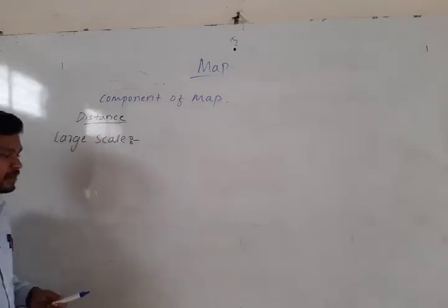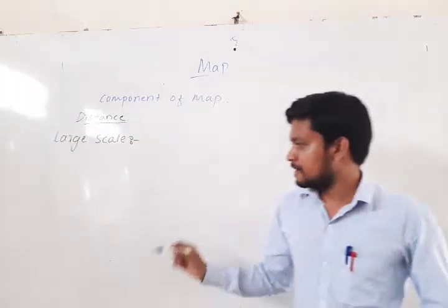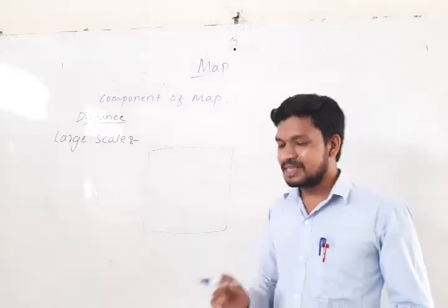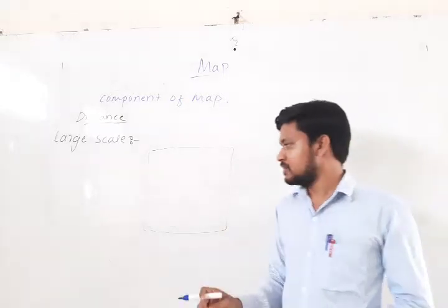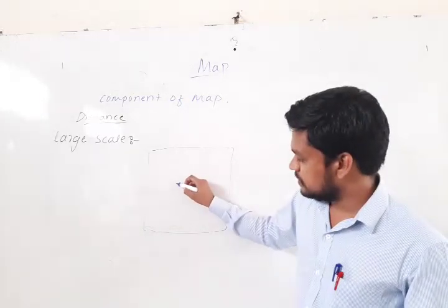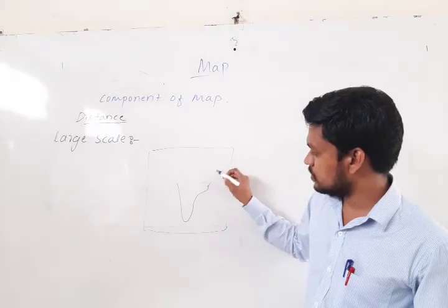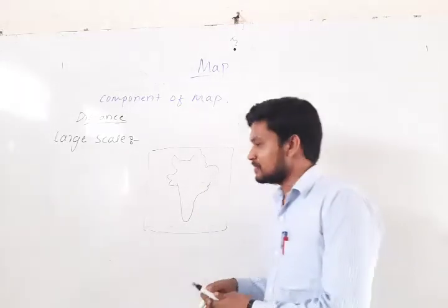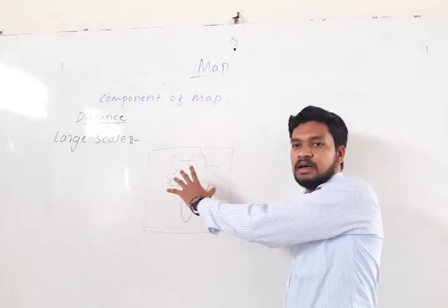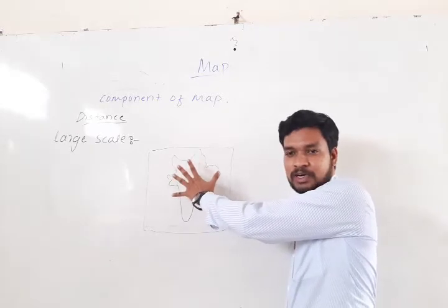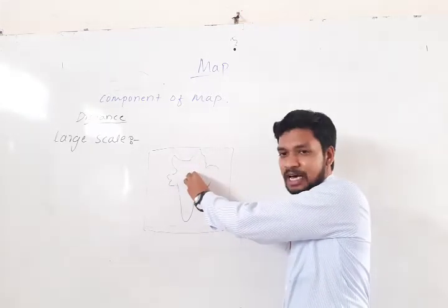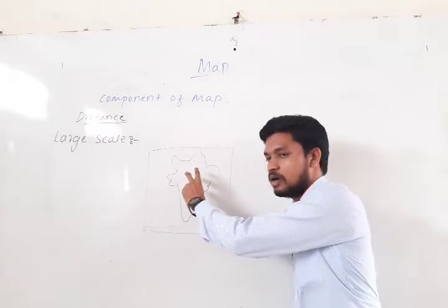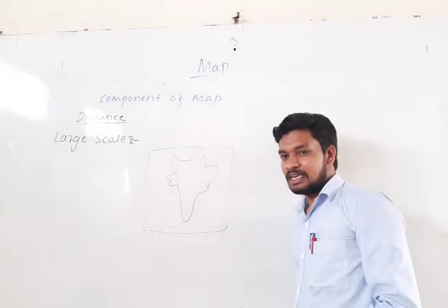So here, in the large scale, the large area. Take India, you will have a comparative. The India, suppose, is the center. So this large area, this big landmass, 3.28 million square kilometer landmass we have of India, is shown in a very small distance, is it not?